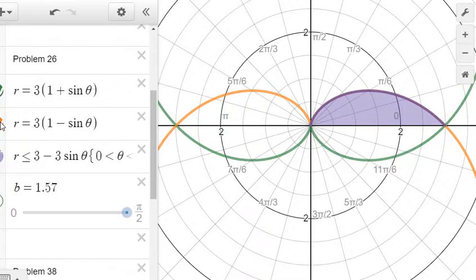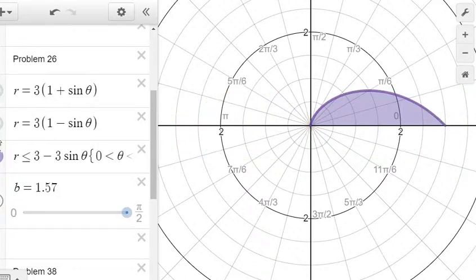So, yeah, the top one, the one that we want, it's going to be this one here. So 3 minus 3 sine of theta. All right, so that's the one we're going to want to put in our integral. To be honest, I think it would work out okay with either one, but I definitely want to have the right one there.